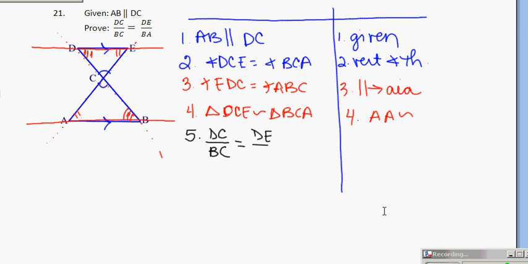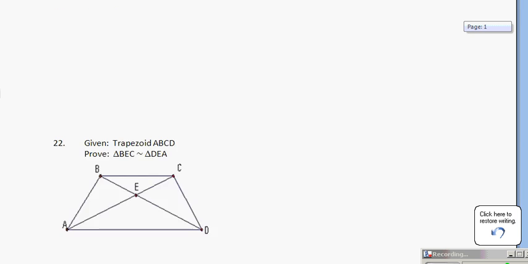DC over BC is equal to DE over BA, and that is by definition of similar triangles. Just like CPCTC would follow right after a congruent statement, definition of similar triangles is how we are going to say those segments are proportionate.